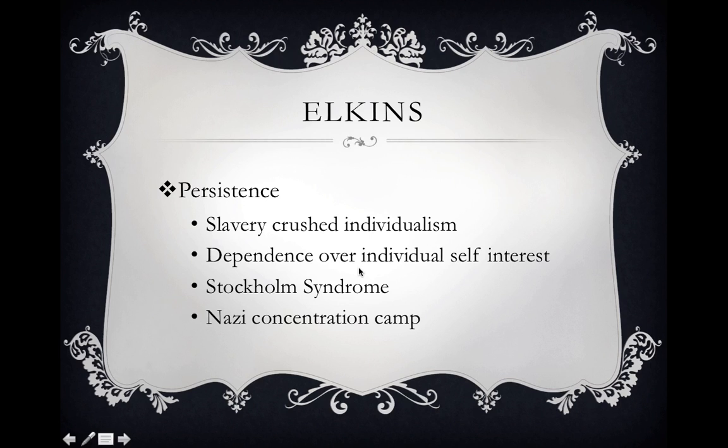So this notion of dependence over self-interest became ingrained in the slaves and helped to underlie why slavery was persistent. There weren't issues on the plantations in the South because crushed individualism and a lack of self-interest allowed the persistence of the slave labor system in the South.